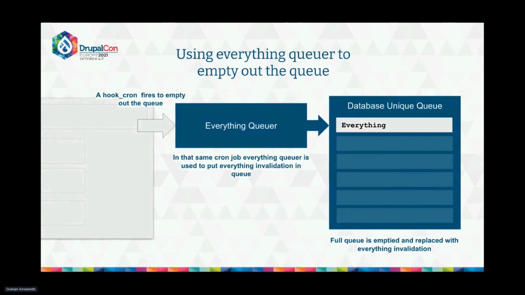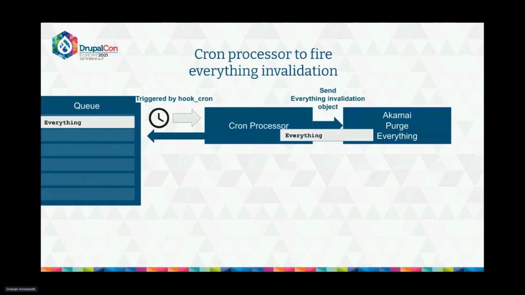And after that, we will trigger the cron processor in that same hook cron to fetch that everything invalidation from the queue and send it to the Akamai purge everything purger, which we created earlier, so that our whole site can get purged and our purge process can restart again.